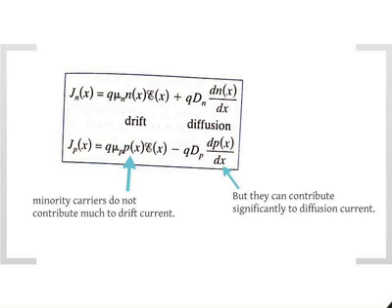But typically the gradients are different, so one typically dominates, but it's hard to tell which it could be, and we will see some examples. That's an important point, though. So for the diffusion, you always need to pay close attention to what you're doing. For the drift, you don't need to worry as much, unless this number becomes large, then you have to.